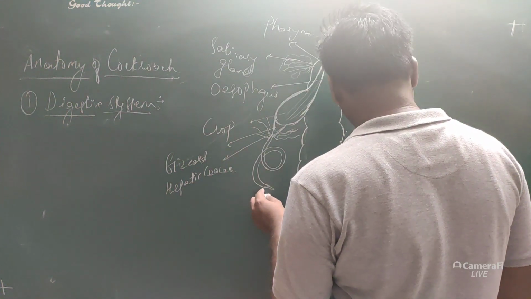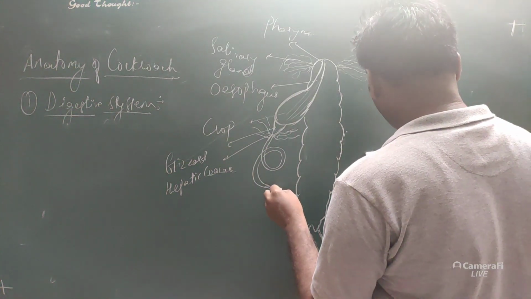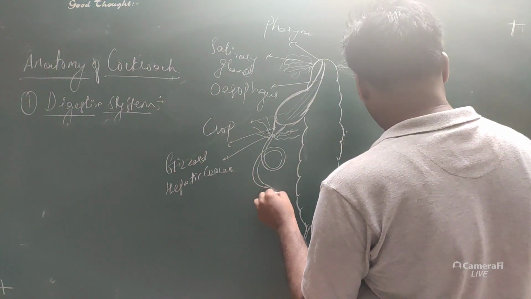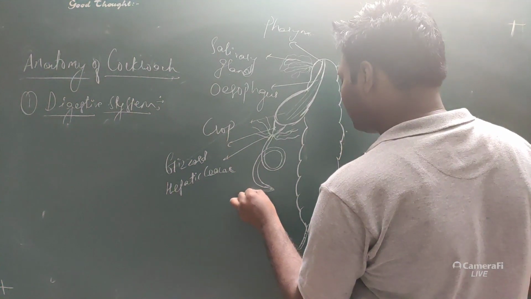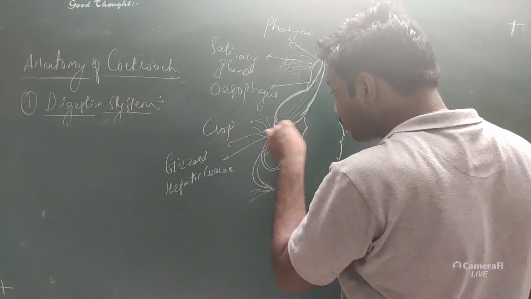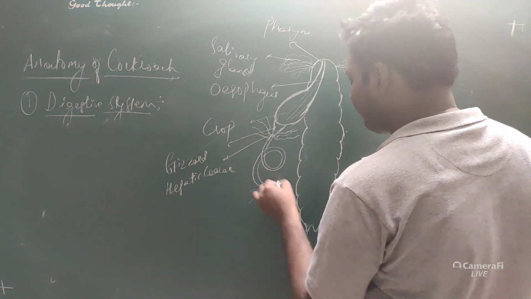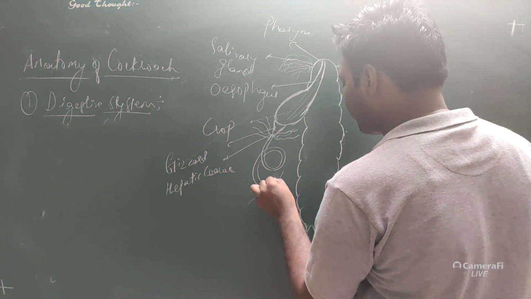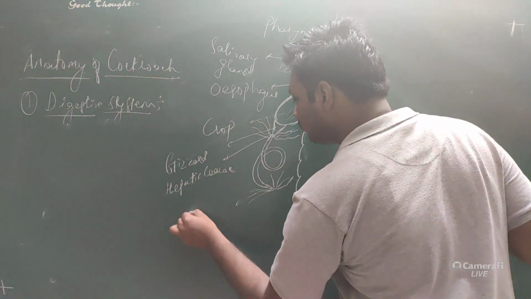And this tubular structure also has an end, and at the end there is the presence of the Malpighian tubules. Malpighian tubules are 100 to 150. So this is the Malpighian tubule.